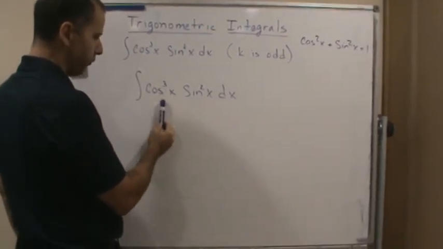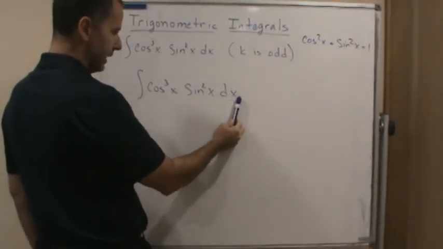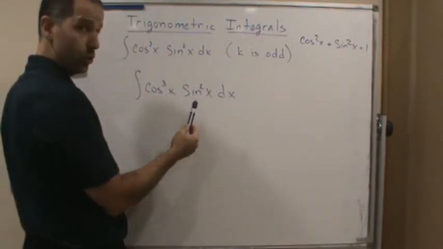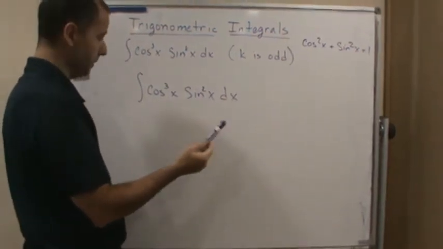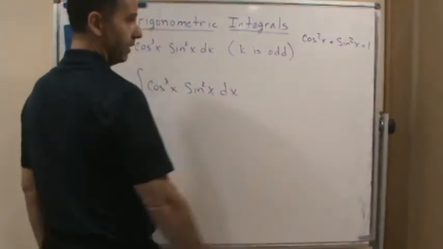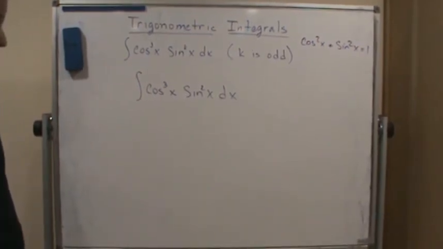So I can shave off one of the cosines, match it up with the dx, and then use a u substitution where u equals sine. And then I'm still going to use this identity to make the substitution.